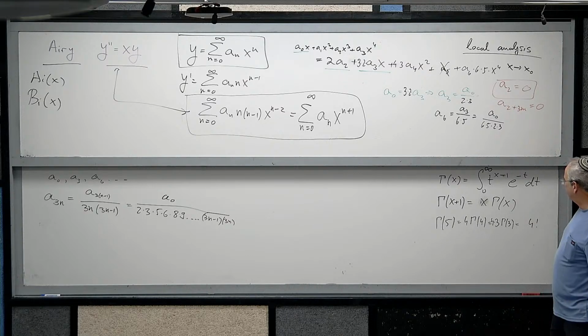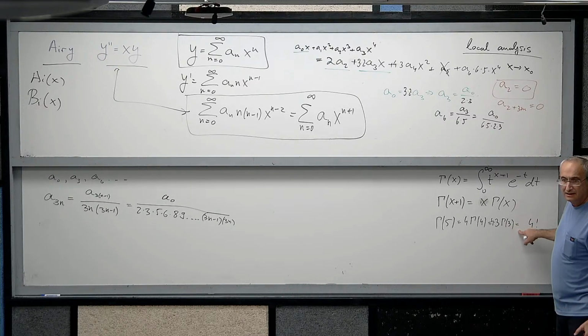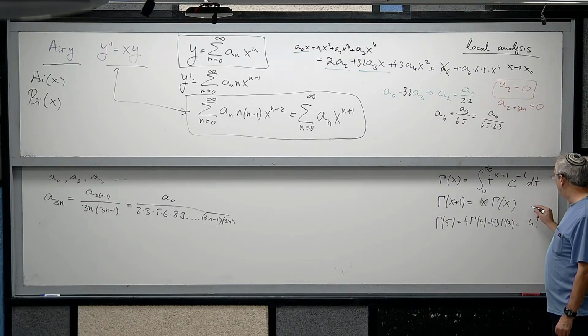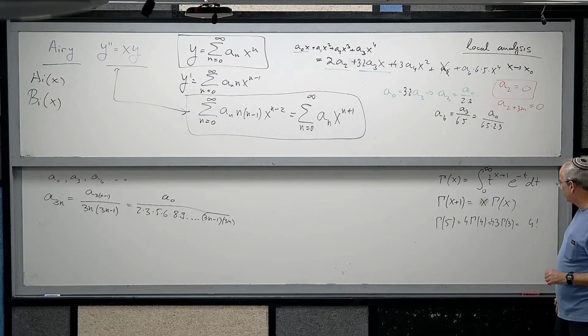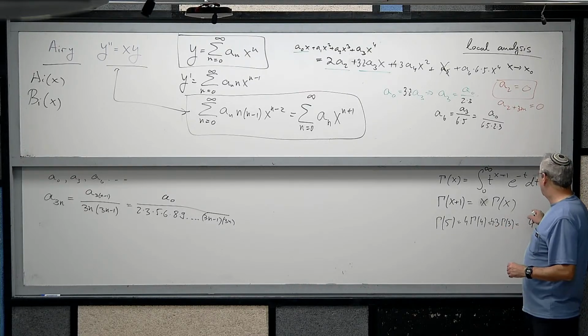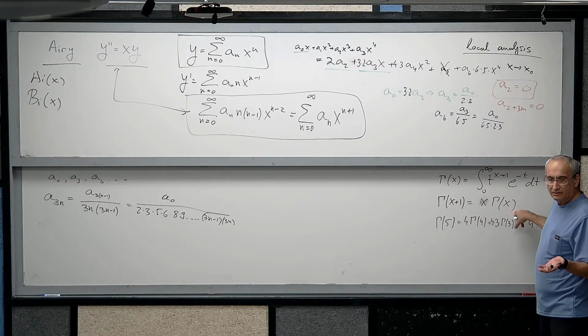However, this product ends, because gamma of 1 is 1, and gamma of 1 is 0 times gamma of 0, so we don't have any more.